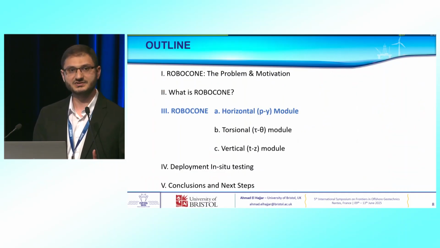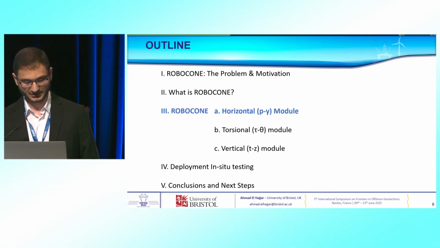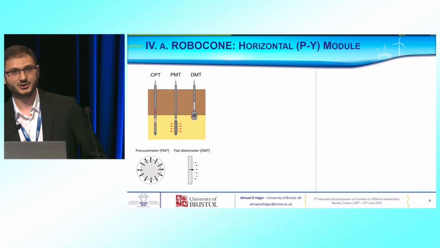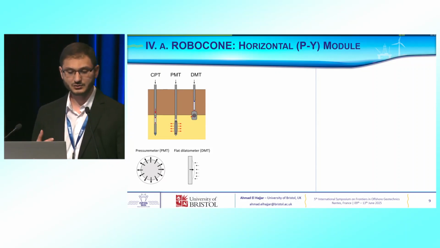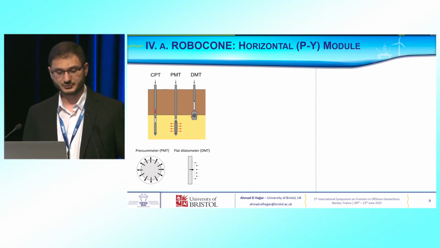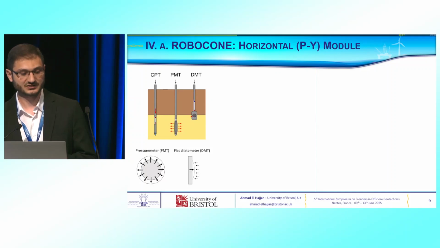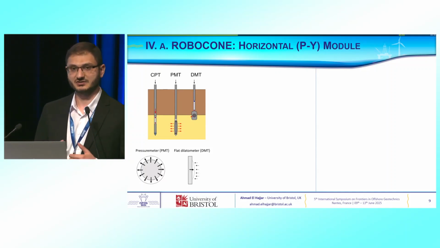So now let's dive inside the primary module we worked on so far, which is the horizontal PY module. We know some famous existing tools. The CPT is doing a vertical driving in the soil, the pressuremeter is doing a symmetrical expansion, and the flat dilatometer is doing an asymmetric expansion in the soil.